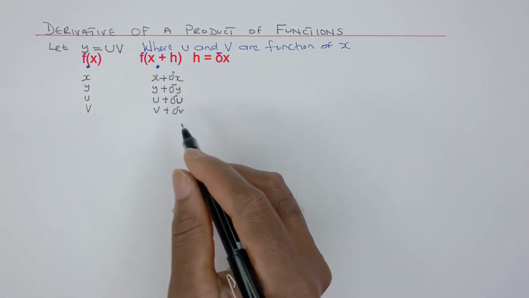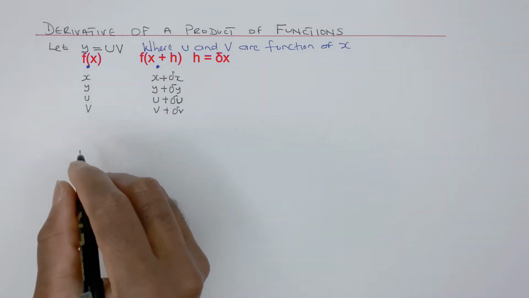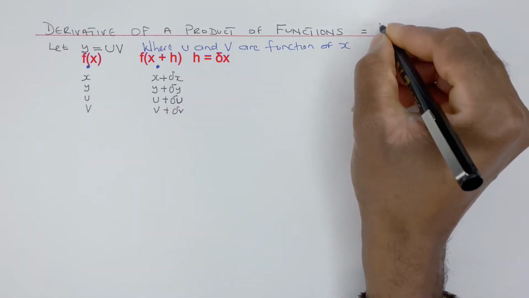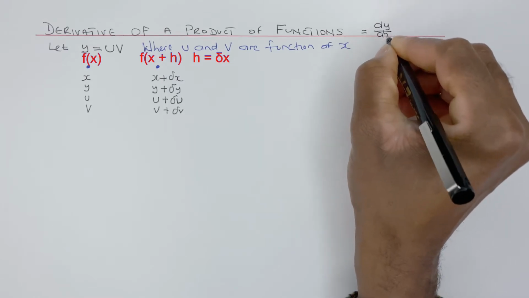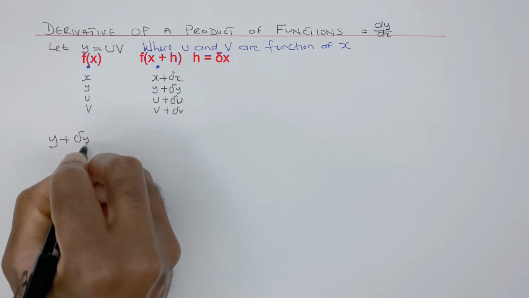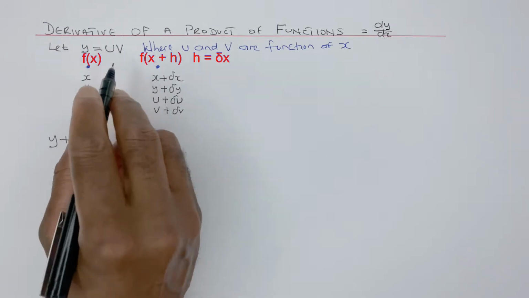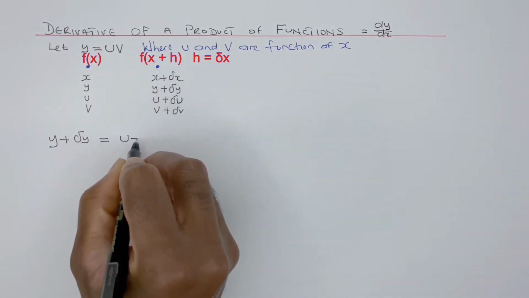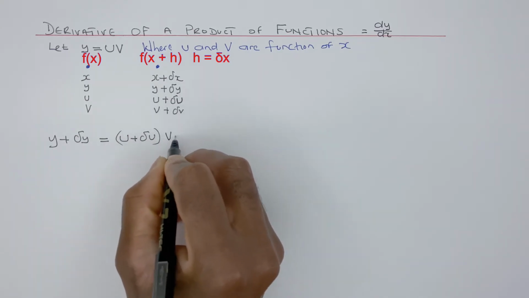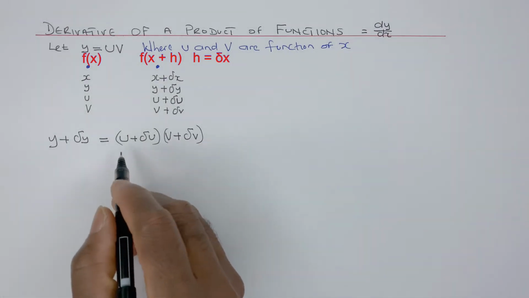And so now we can use that approach to work out the derivatives here. Because we're trying to find dy/dx, we're trying to find delta y over delta x. So if we start with y plus delta y, we're multiplying those two functions together, so that would be u plus delta u times v plus delta v. And most of the time we do expansion.